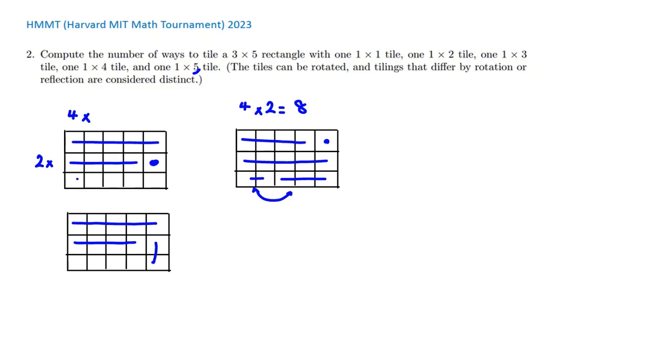Now here is for 1, 2, 3. Again, we have 2 cases here. And here it is 1 and 3. You can switch, 2 cases here. So 2 plus 2, 4. 4 times 4, 16 times 2, 32. 32 here, plus 8, 40. So we solve this HMMT Harvard MIT Math Tournament 2023.